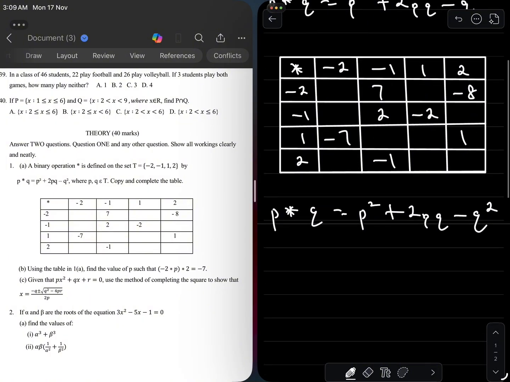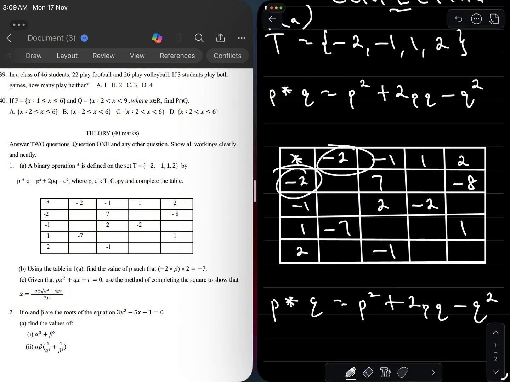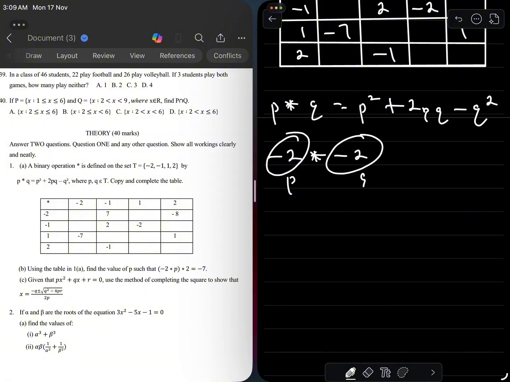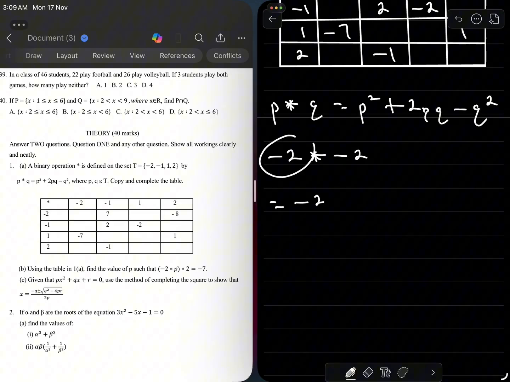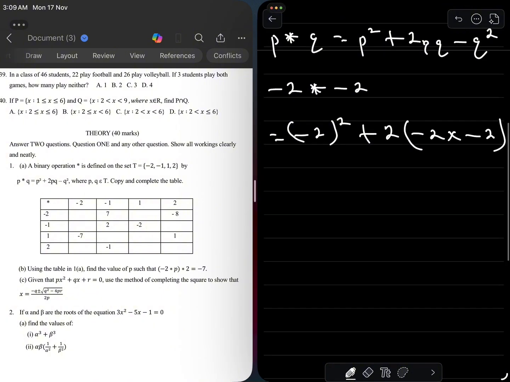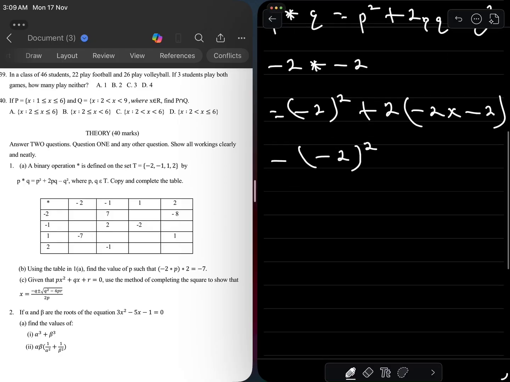So that means minus 2 asterisk minus 2. Here, this is P and this is Q. So that will be equal to P squared, which will be the square of minus 2, that's minus 2 squared, plus 2PQ, that's 2 into bracket minus 2 times minus 2, minus Q squared, minus the square of minus 2.